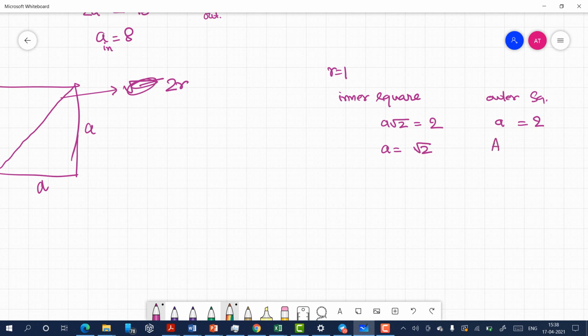So the area of the outer square will be 4 and the area of the inner square will be root 2 into root 2, so that will be 2. So the value of pi will be somewhere in between these two values, and it cannot be equal to either. So it should be somewhere between 2 and 4.